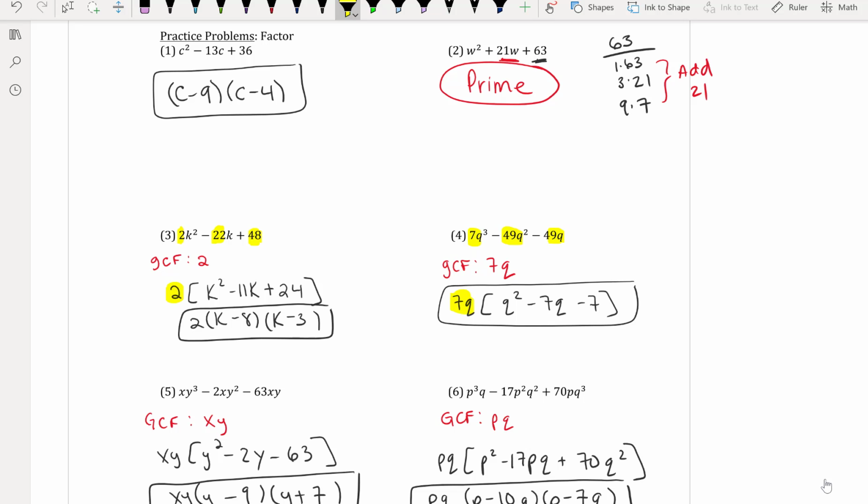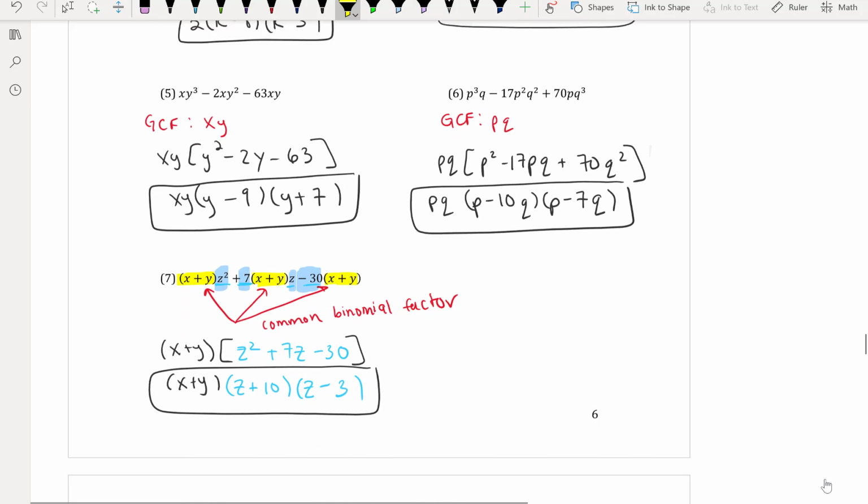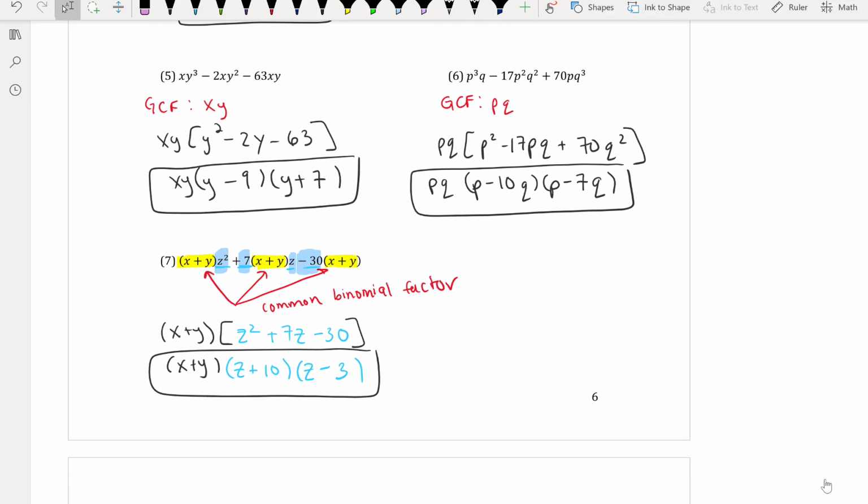And here, that q squared minus 7q minus 7 can't be factored anymore. So that's as far as I can go. For number 5, again, I have a GCF of xy. Look at the trinomial. We already looked at 63, so I know a negative 9 and a positive 7 add up to give me negative 2, and a negative 9 times a positive 7 is negative 63.